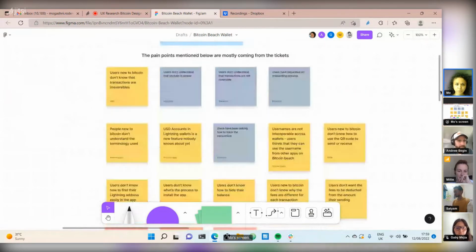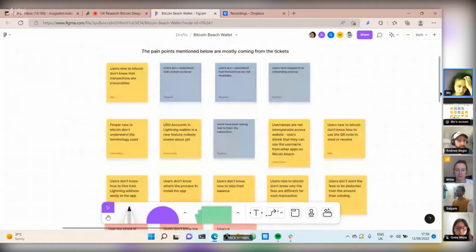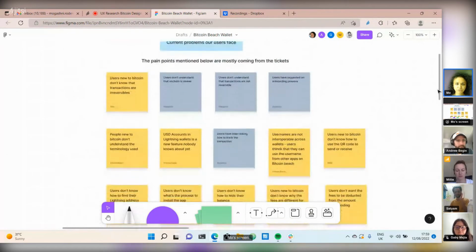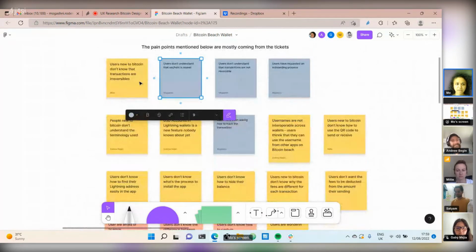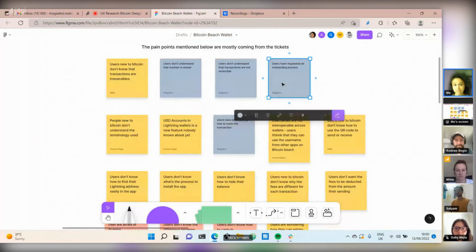I think what happens with tickets being constantly generated is that customer service stays busy. And we can maybe come up with solutions to fix this, which would then result in customer service being less busy. That was my comment on the call that Millie and I just got off.